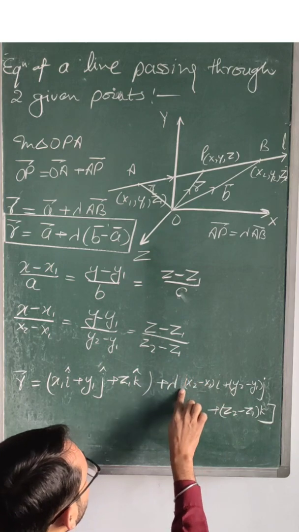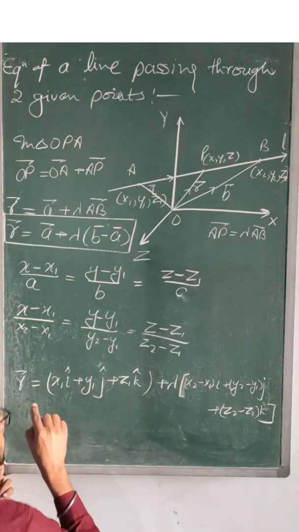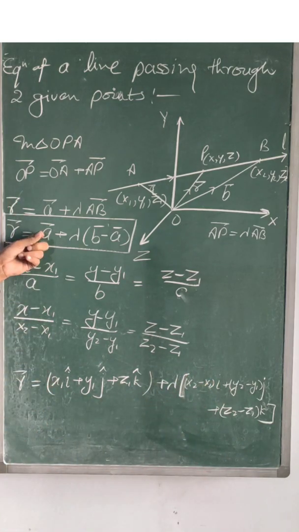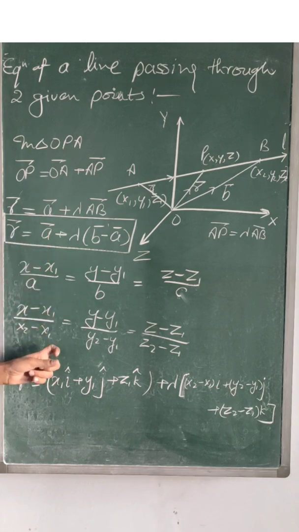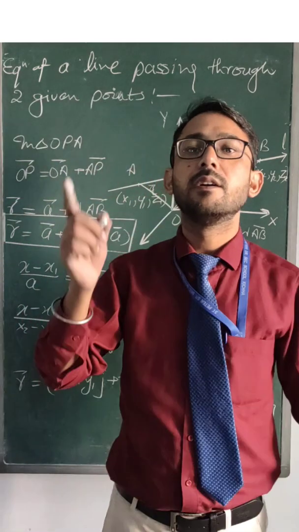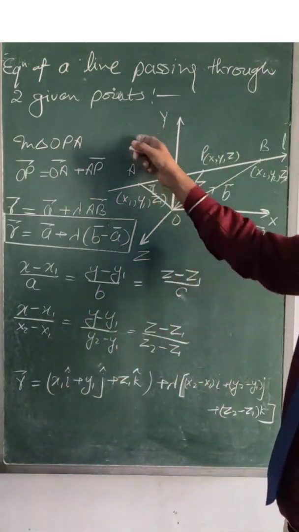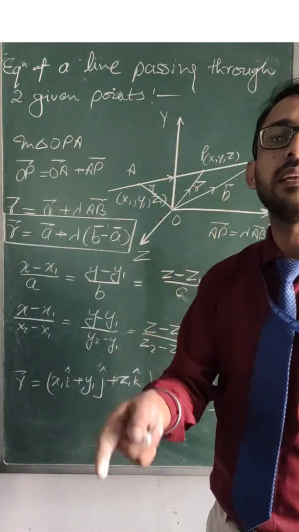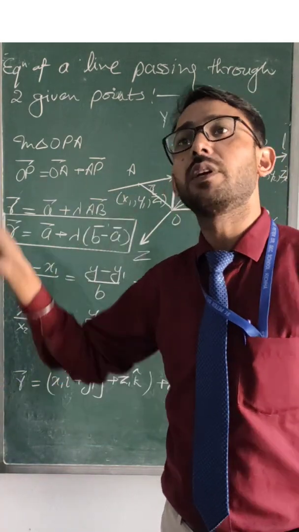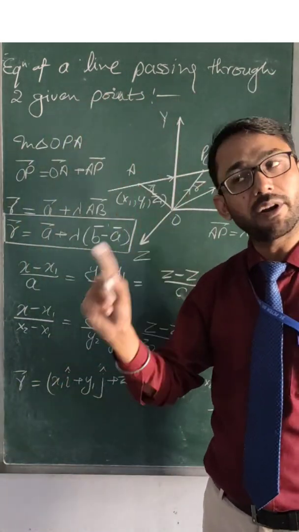This will be the vector equation of the line. This and this both represent the vector equation of the line, and this is the Cartesian equation of the line. If you want to write from this Cartesian equation, then R could be written as xi plus yj plus zk, so with that also we can calculate. So this is the equation of a line passing through two given points. It is important.